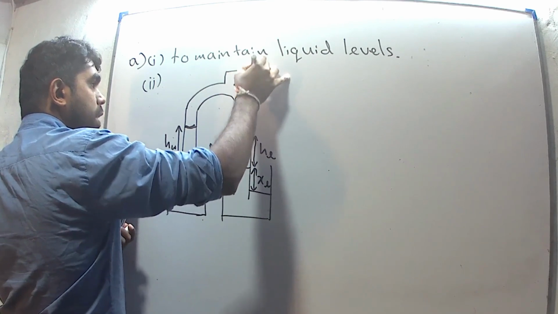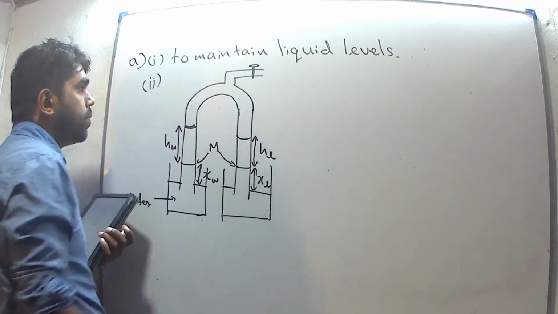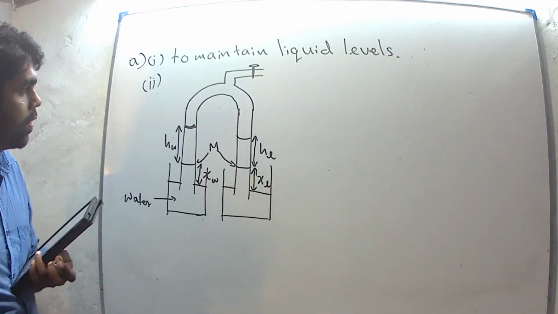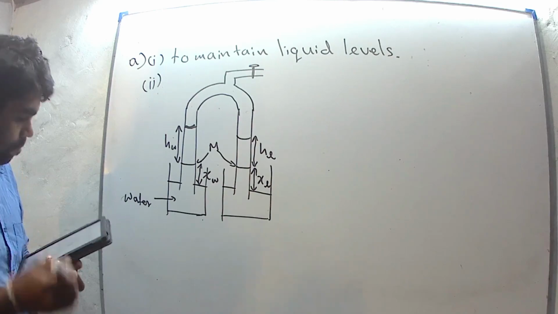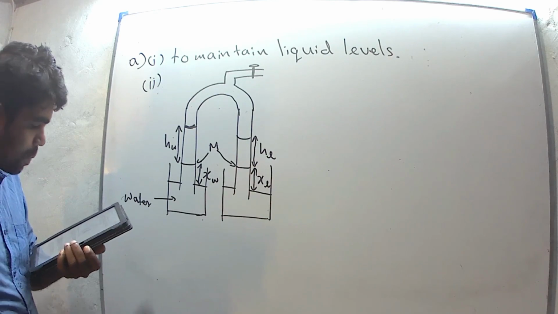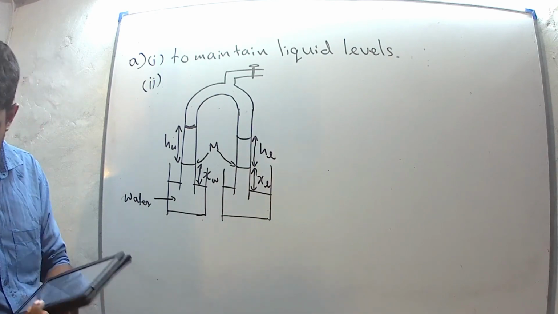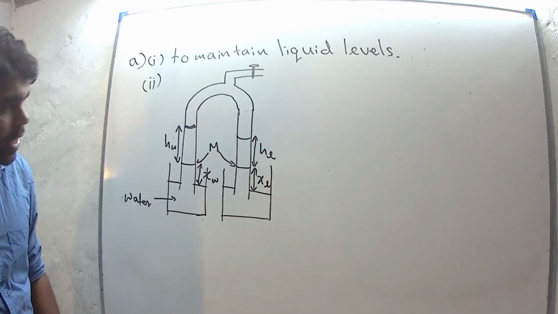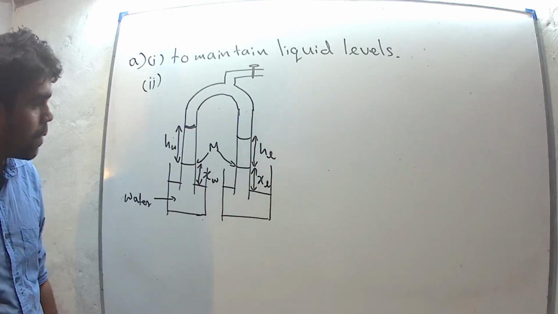We are using this clip to maintain liquid levels. Now we have to write an expression for HL. In writing an expression for HL, we have to use Pascal's principle.